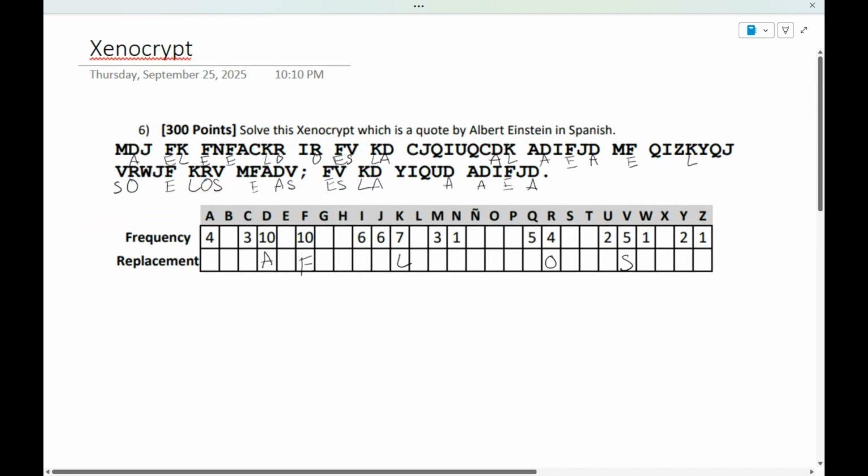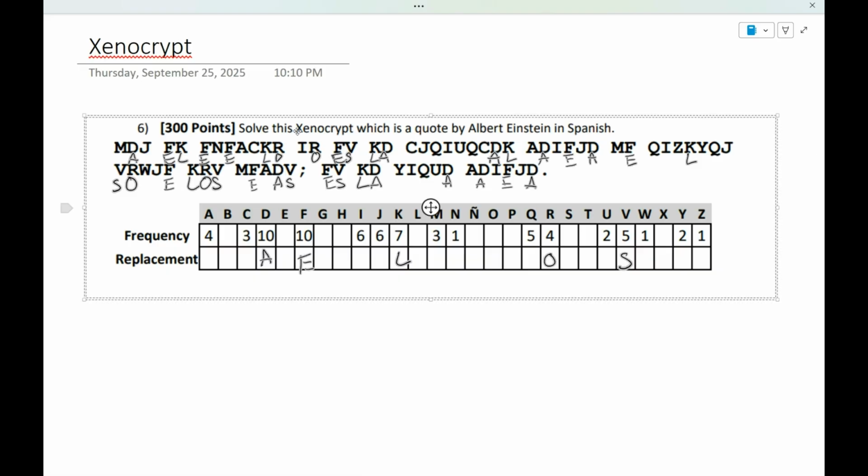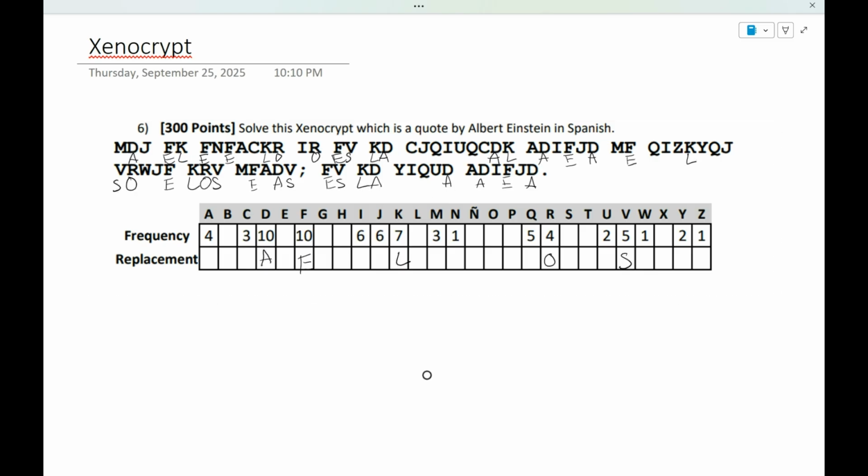So, if we take a look over here, we're going to see that we have IR over here. So it's something and then it ends in an O. And it has to go like something S-law. So the only thing I can really think of would probably be no S-law.